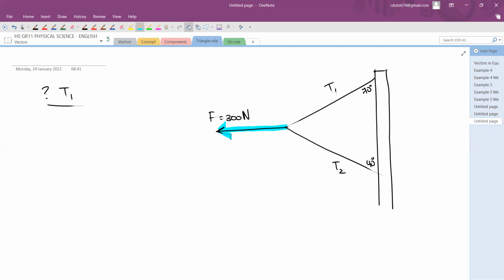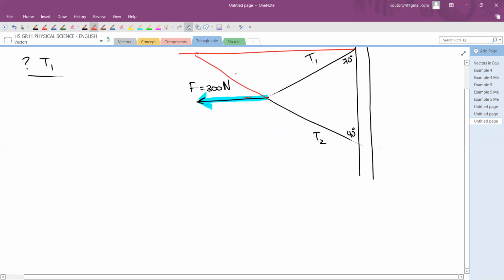I'm just going to stick that to the ceiling. That's now 300 newtons. Agreed? And then I'm going to take this remaining force and just push it through.